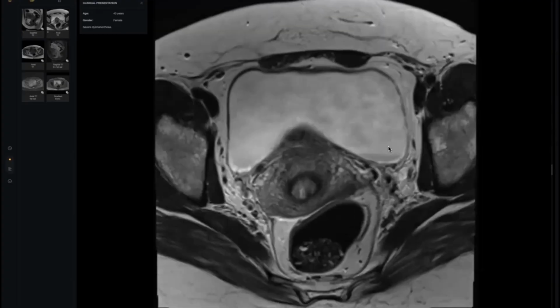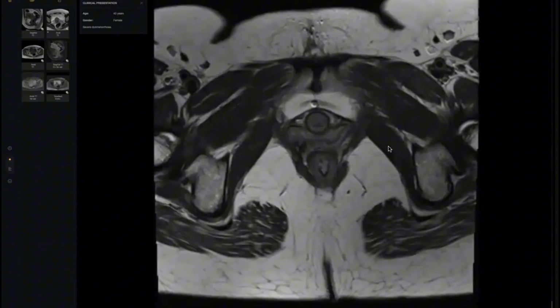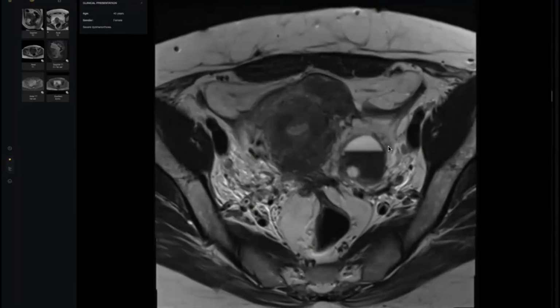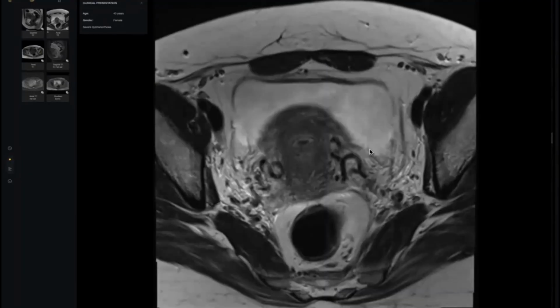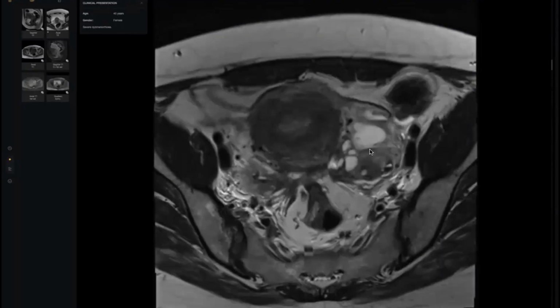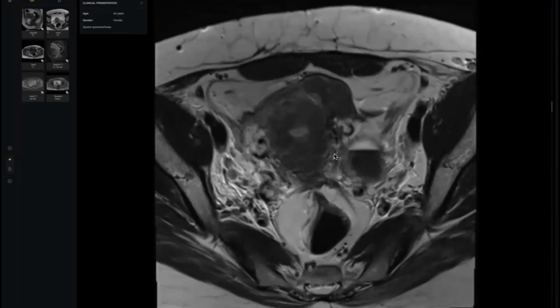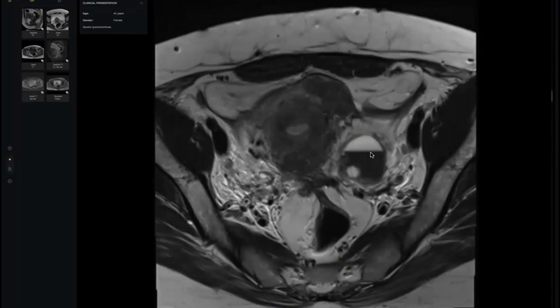Second point, this one. What happened at the left adnexa? There are at least 2 or 3 cysts, and I think this is 3, with fluid level. And this fluid level is very dark inferiorly.